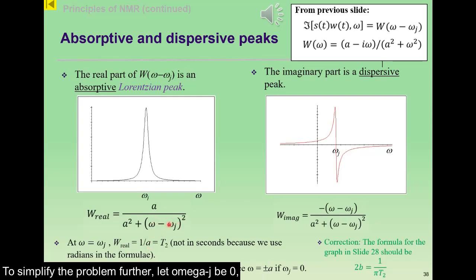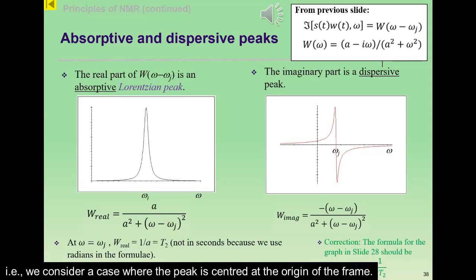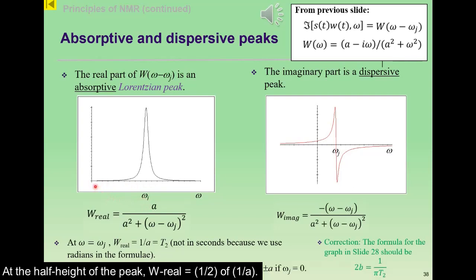To simplify the problem further, let omega j be naught, i.e., we consider a case where the peak is centered at the origin of the frame. At the half height of the peak, W real equals a half of 1 over A.